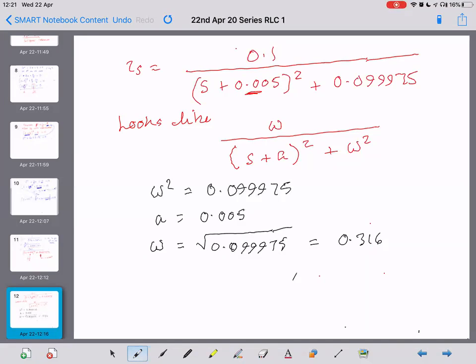At the moment we've got 0.1 on the top, so what we've got to do is multiply 0.1 by 3.16 to get 0.316.